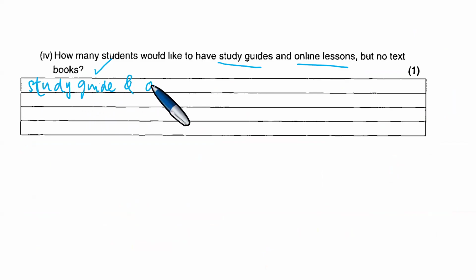Study guides and online lessons would be 7 minus x. X is 5, and the result becomes exactly 2.